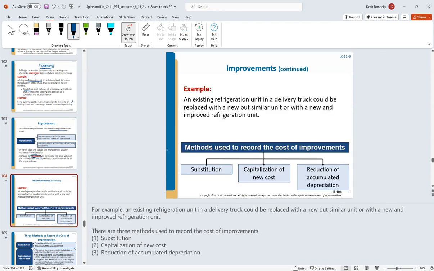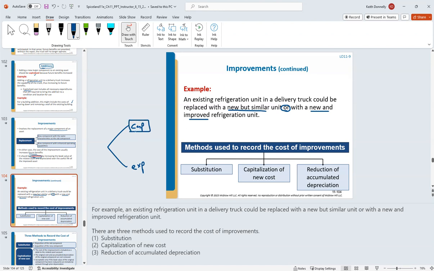So let's look at an example, building off this. An existing refrigeration unit in a delivery truck could be replaced with a new but similar unit or with a new and improved refrigeration unit. How would we account for this? We're probably going up to the top line here, capitalizing it versus immediate expenditure.